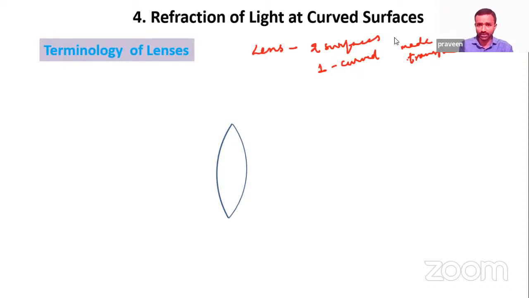Suppose I show it as a two-dimensional figure only, easy to observe. Then I'm cutting this into a part, the left surface suppose.